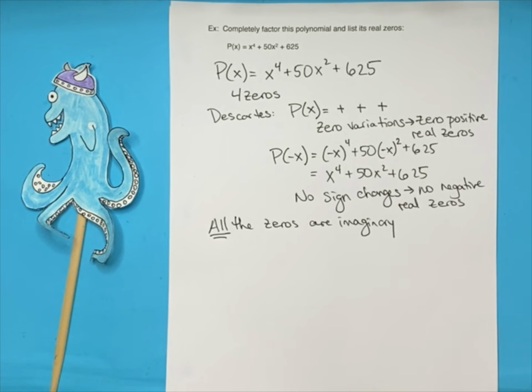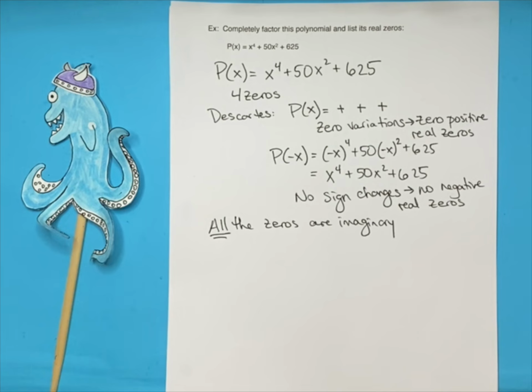There are no real zeros, so we shouldn't do that. Upper and lower bounds, again, that only works with real zeros. Synthetic division, I imagine there is a way to use synthetic division with complex numbers, but I don't know what it is.